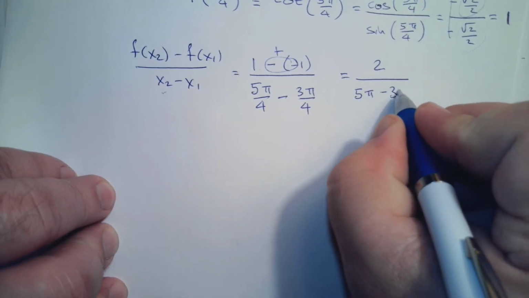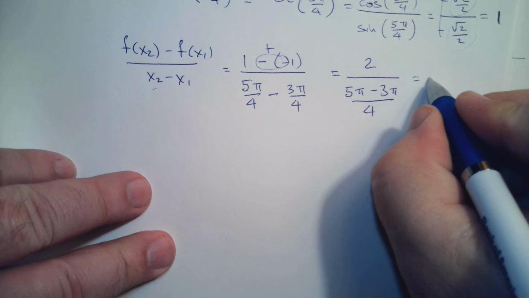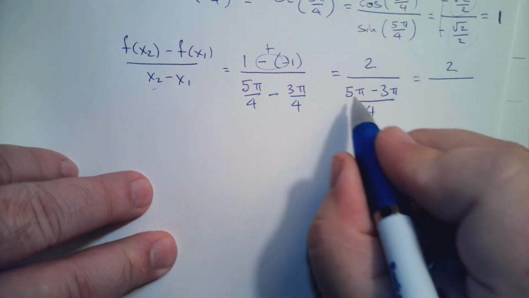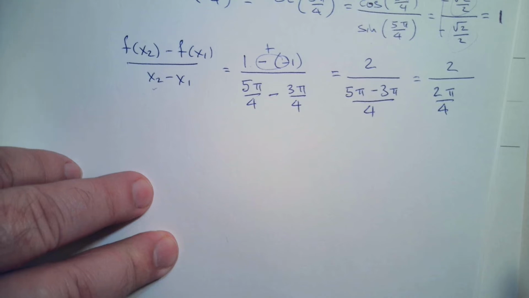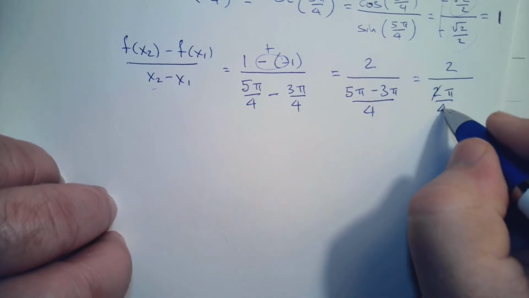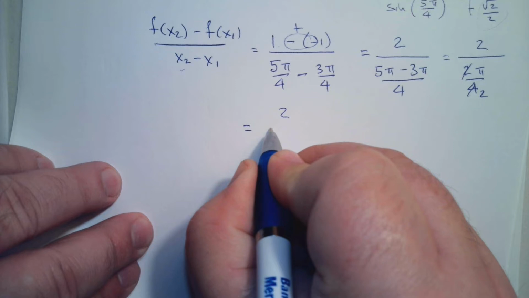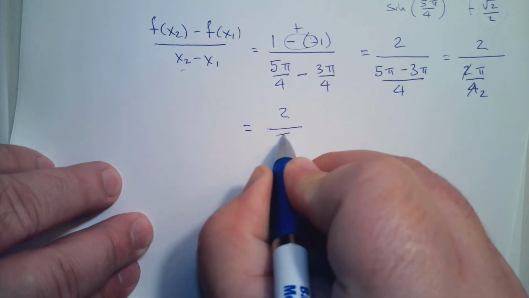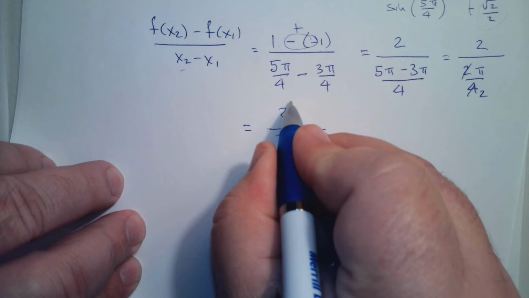5 pi minus 3 pi over 4. 5 minus 3 is 2. 2 goes into 4 twice. So it's a compact fraction.